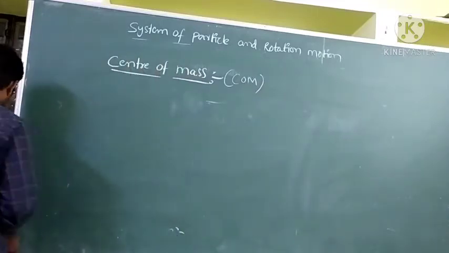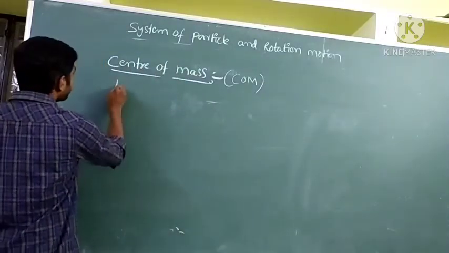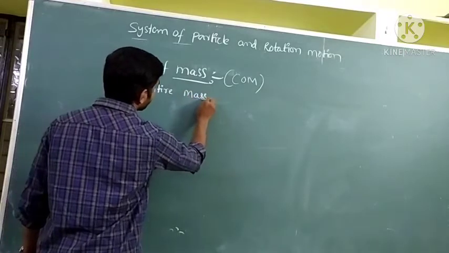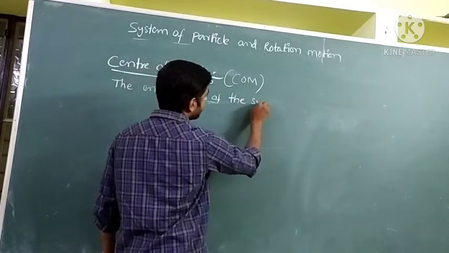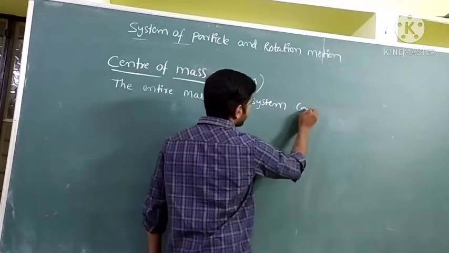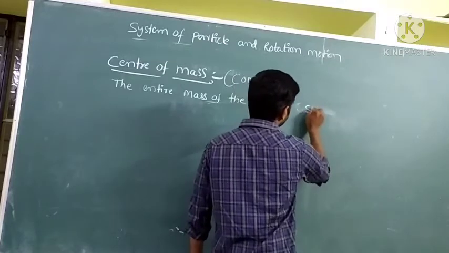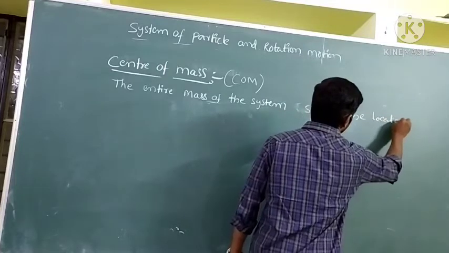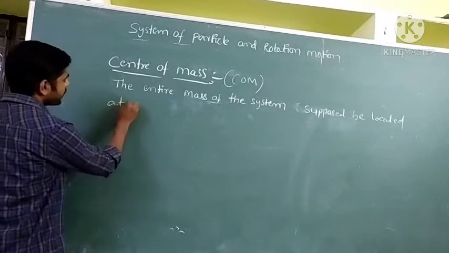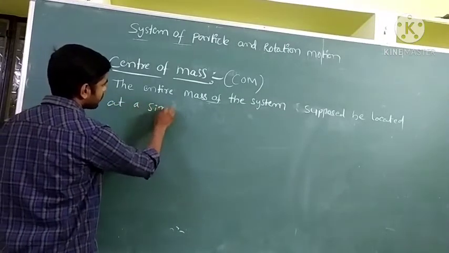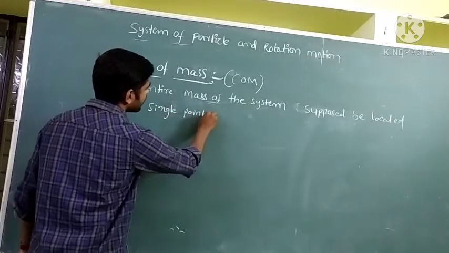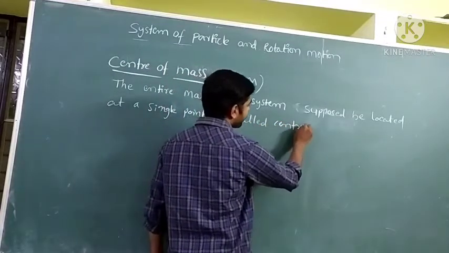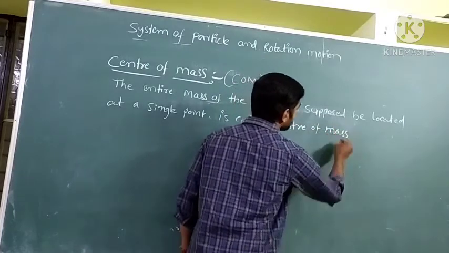If I write the definition for center of mass: the entire mass of the system can be supposed to be located at a single point, which is called center of mass.